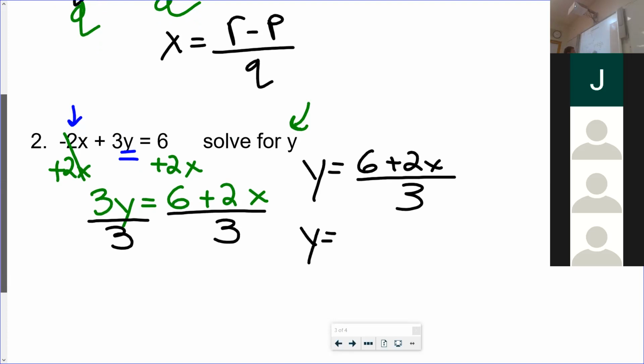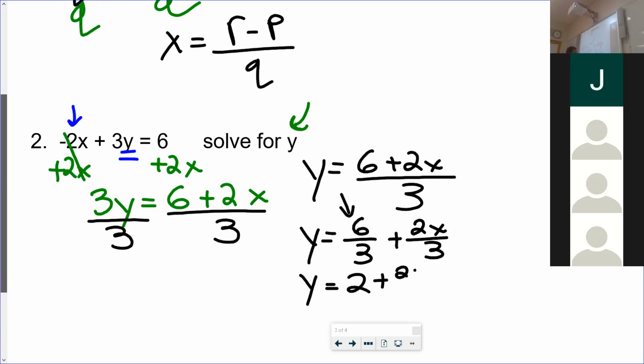Y equals 6 over 3 plus 2x over 3. This 6 over 3 here, I can reduce down to 2. This 2x over 3, I can't simplify that. So I'm just going to keep it as 2x over 3.